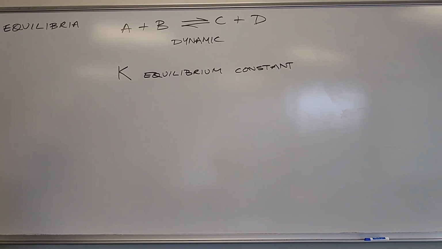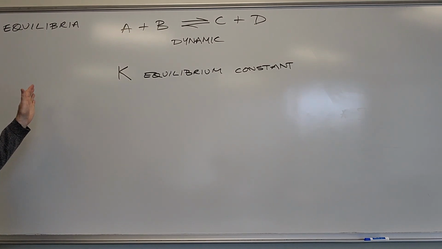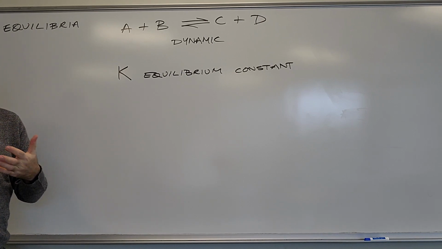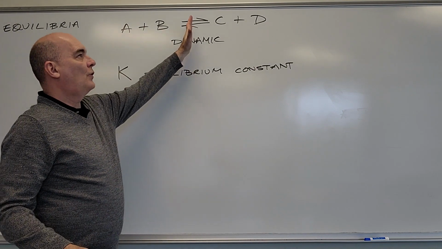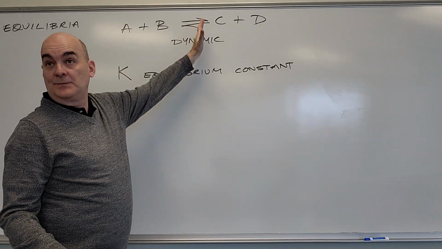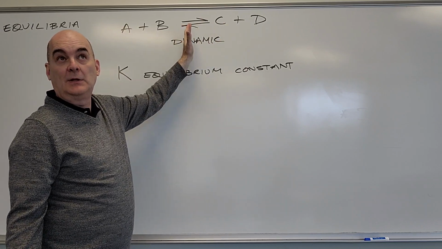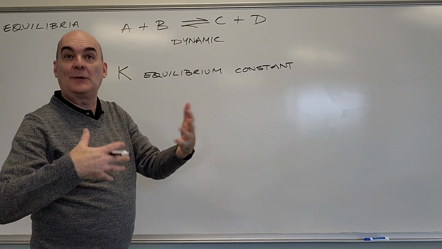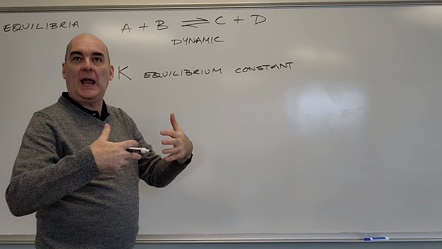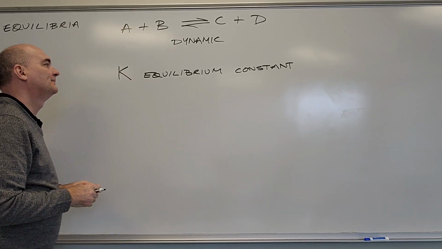And it is a number that tells us how far to the right, product side, or how far to the left, reactant side, this balance is. When we say balance, it doesn't mean right down the middle. The equilibrium position can be very, very heavily to the right or very heavily to the left. But it's the point at which any further reactant that turns into product, some product has to be exchanged back for reactant. Okay.